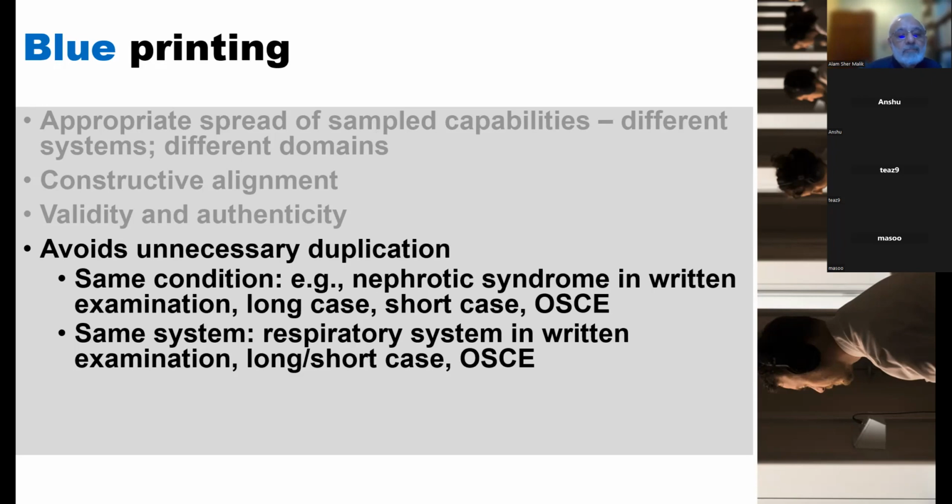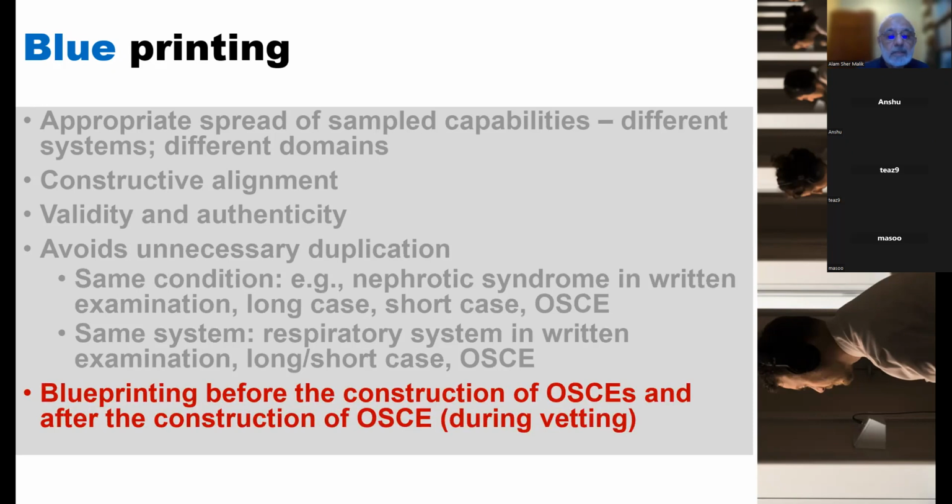So if we have blueprinting, that can avoid this duplication, or we can be asking the same system questions in so many different examinations or different components of examination. So blueprinting is done twice, before the construction of OSCE and after the construction of OSCE during the vetting session.